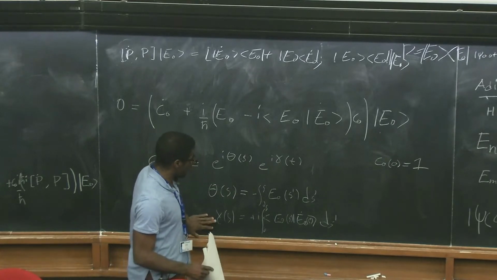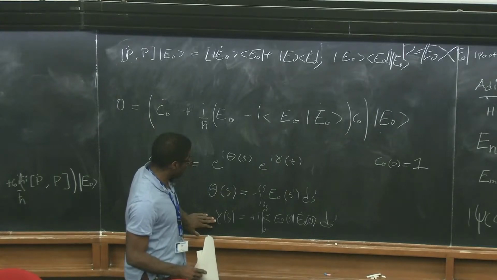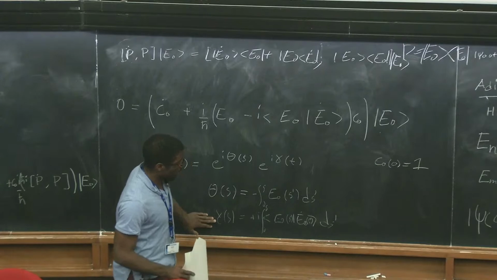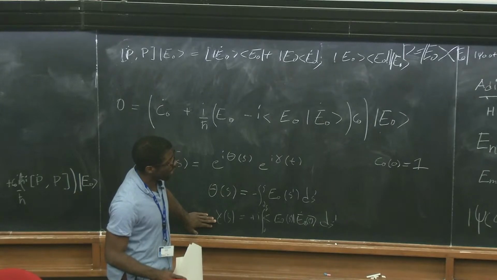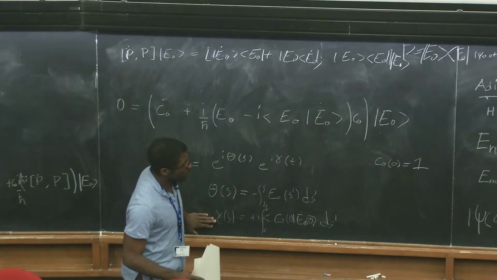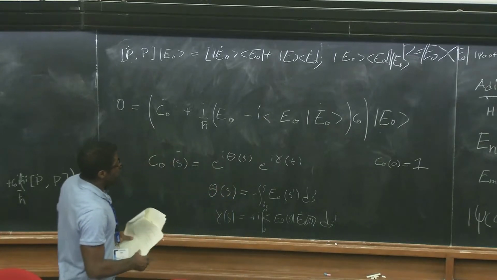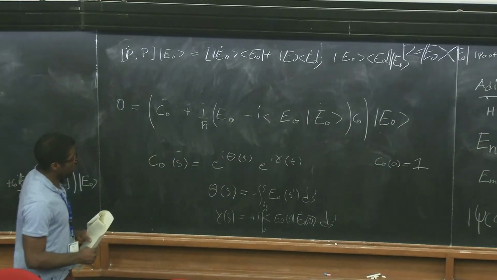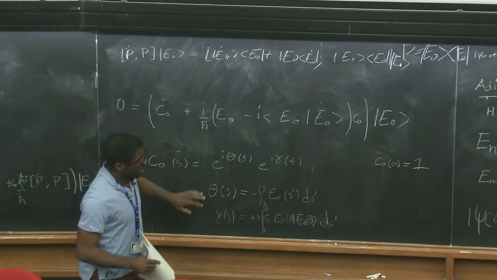The second term is a geometrical phase, which plays an important role, for example, when you want to consider cycles which return at the initial point.